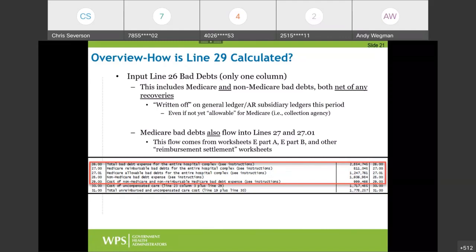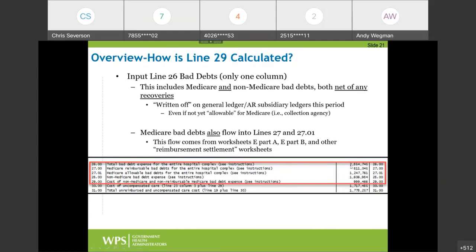Now, what I mean by that is that the reason we had to bring in Medicare numbers right here, even though most of them at least should have already been included in line 26, is to give the cost report an idea of how much of this 2.8 million was non-Medicare.